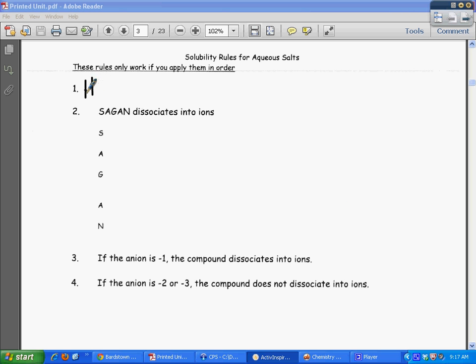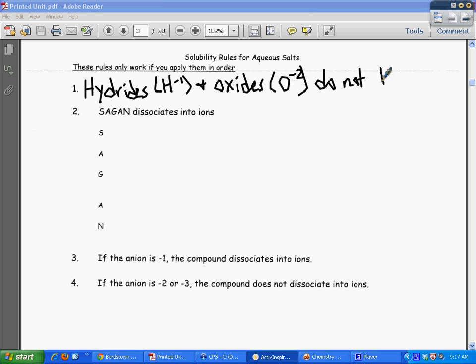The first rule is hydrides and oxides do not dissociate. So if it's sodium hydride, iron oxide, any one of those categories of compounds, those do not dissociate.